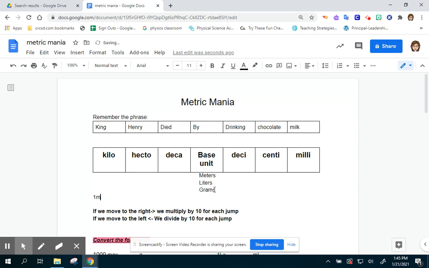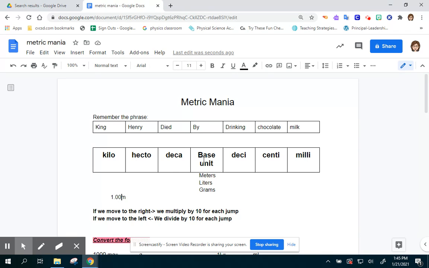So let's say I start with 1 meter. I would need to take my decimal point and move it over 2 spaces. If I don't see my decimal point, I know it's directly after the first number. And then I've got to add 2 zeros in there. And those zeros are just placeholders so that I can move the decimal point.